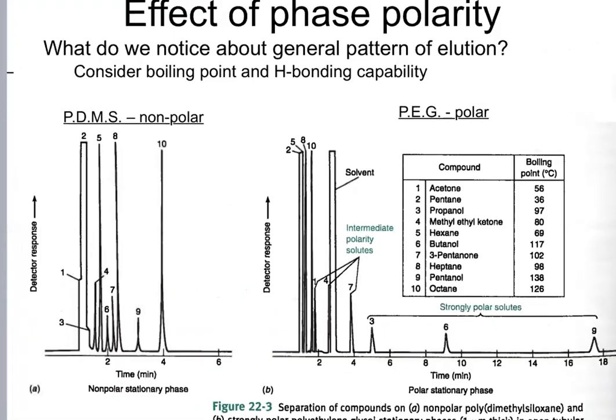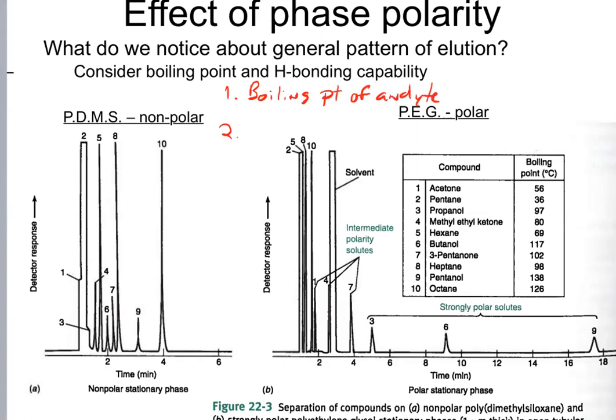Now, the exact stationary phase polarity is kind of important in GC. There's really two factors that affect separation, okay, if I'm going to be honest with you. And the two factors that are affecting our separations in GC, the first one, probably of primary importance, is the boiling point of the analyte in question.